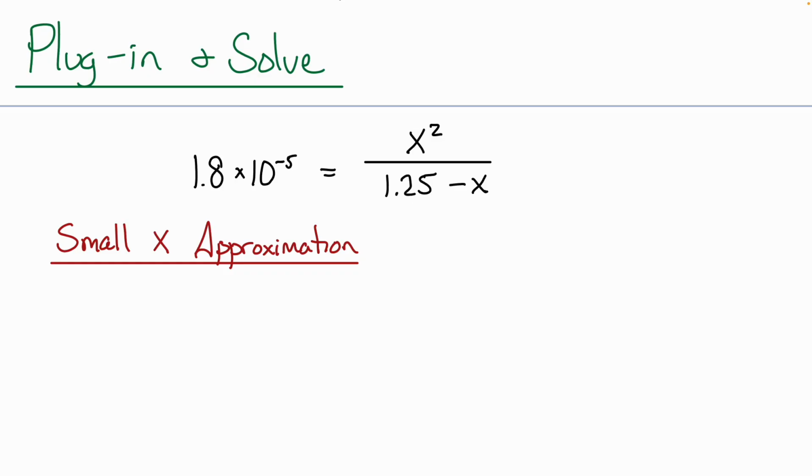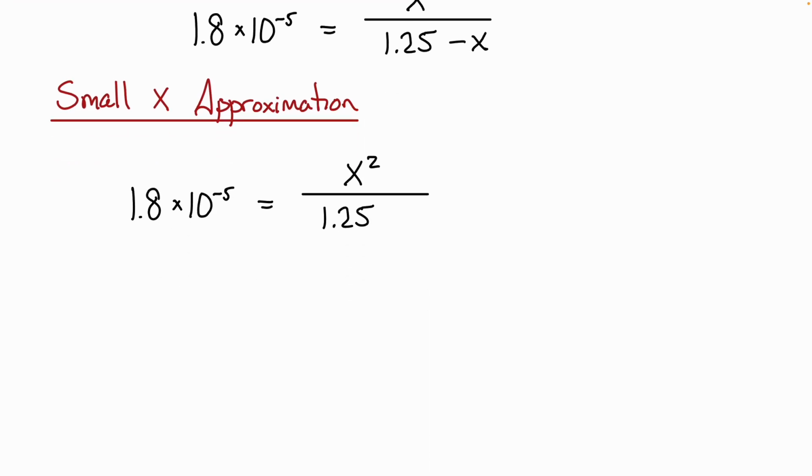All right, where I say, well, since X is going to be such a teeny tiny number, 1.25 minus X is going to be basically 1.25. So I get rid of it from my denominator, and this just simplifies my algebra a lot. Right, now I just have to rearrange and solve.